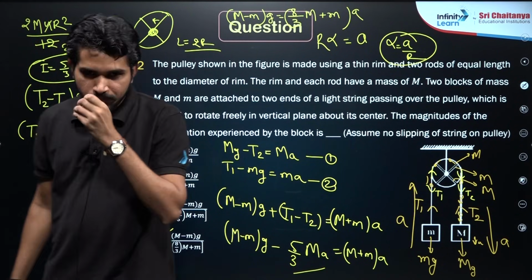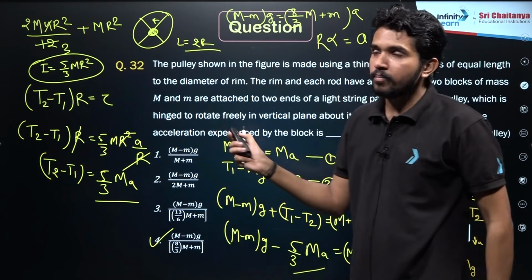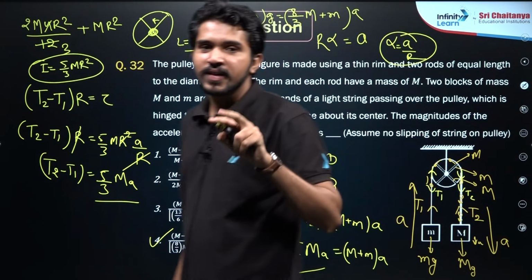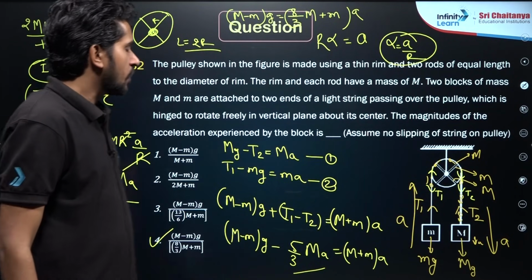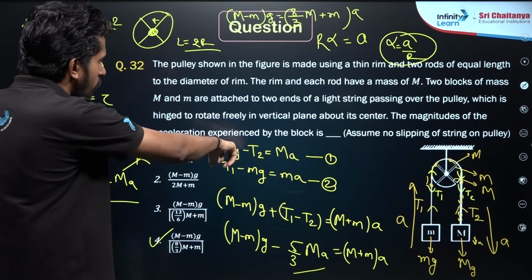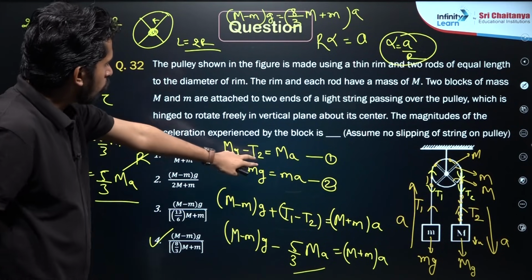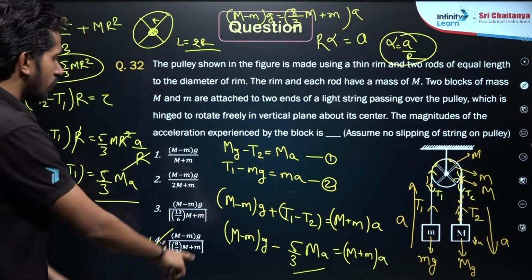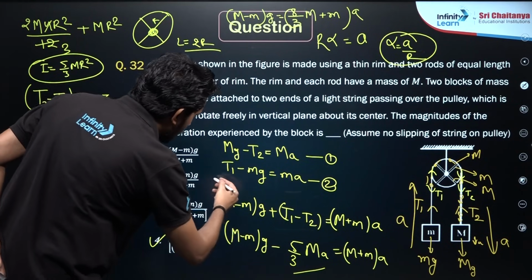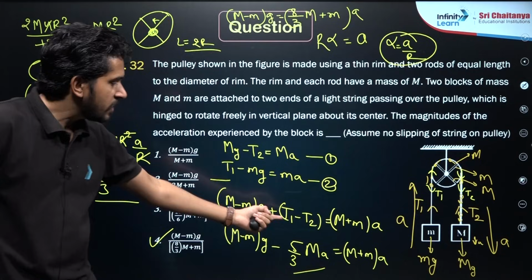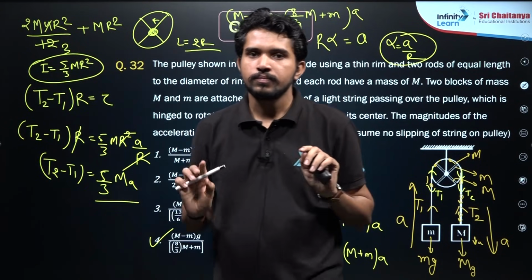Okay, see, again a simple problem. The problem is simple, but the calculation is hard. We did it in four steps. First of all, we wrote the equations for tension. Then we added those equations and we got the idea: I need the value T1 minus T2.